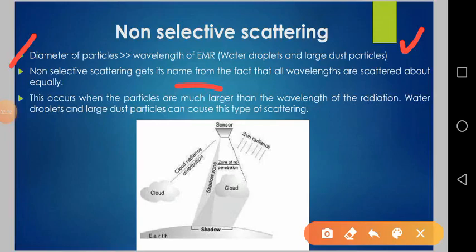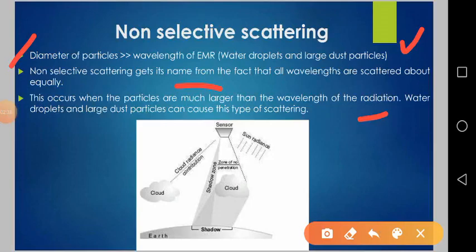It gets its name from the fact that all the wavelengths are scattered about equally. This occurs when the particles are much larger than the wavelength of the radiation, so water droplets and large dust particles can cause this type of scattering.